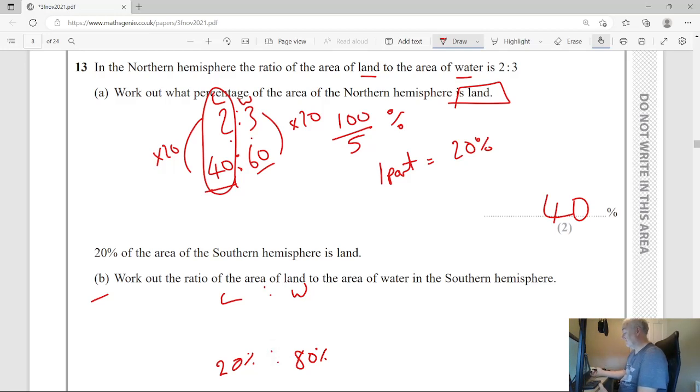That is a ratio. But if we try and do that in its simplest form, if I divide that by 10, that's going to give me 2. Divide that by 10 is going to give me 8. And then I could halve it. Divide by 2, divide by 2 gives me 1 to 4.